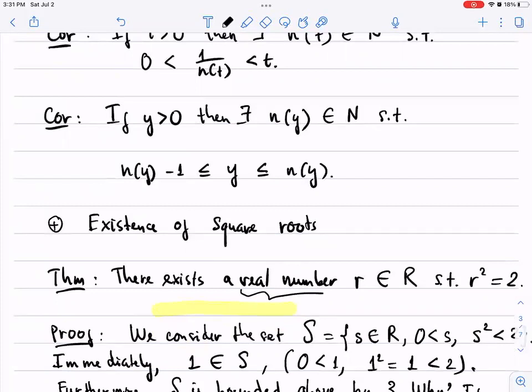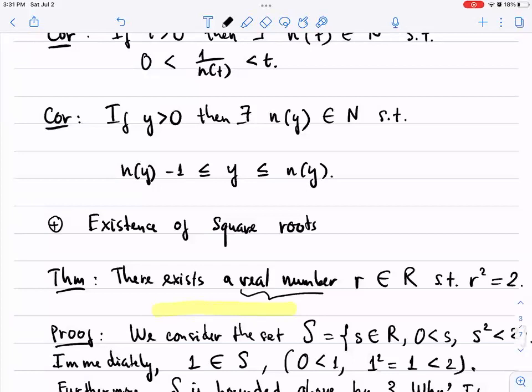The second corollary says that if y is bigger than 0, then there exists a number n, again possibly depending on y, which is an element of the set of all natural numbers, such that n minus 1 is smaller than or equal to y, and y is smaller than or equal to n.